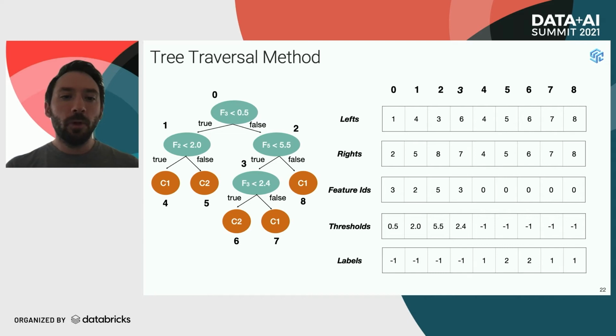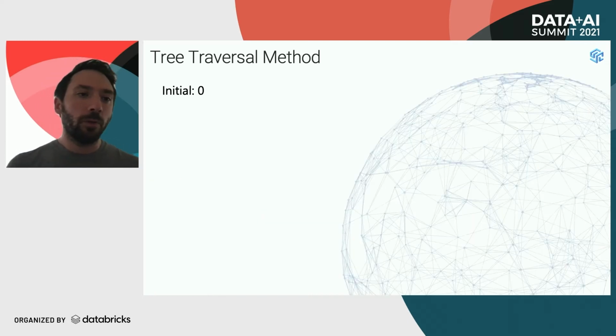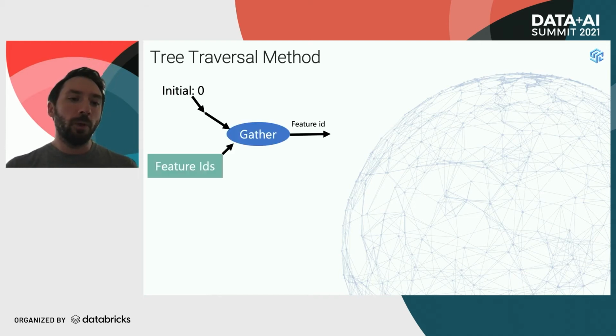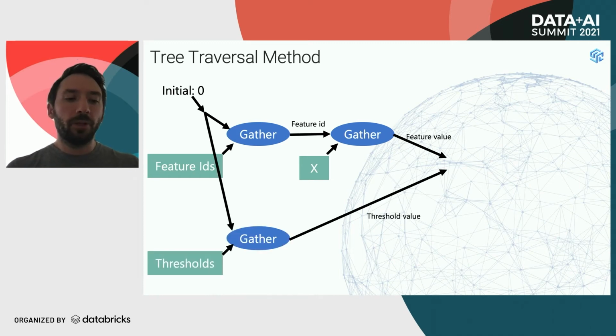Now let me go over the algorithm in this case. We start with the root node, which is node number 0. We look at the vector containing the feature IDs, and we gather the feature ID at column 0. Then, using this feature ID, we gather the actual feature from the feature vector. Then we do another gather operation for picking up the threshold, still related to node 0.